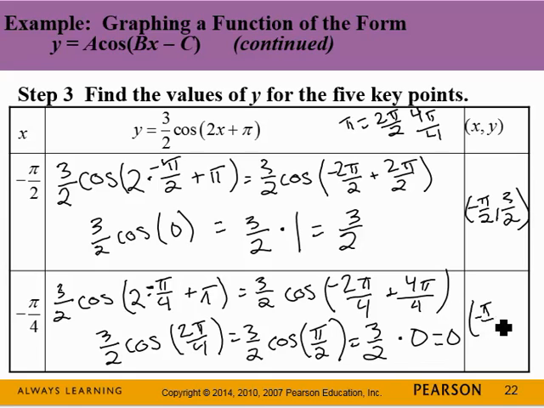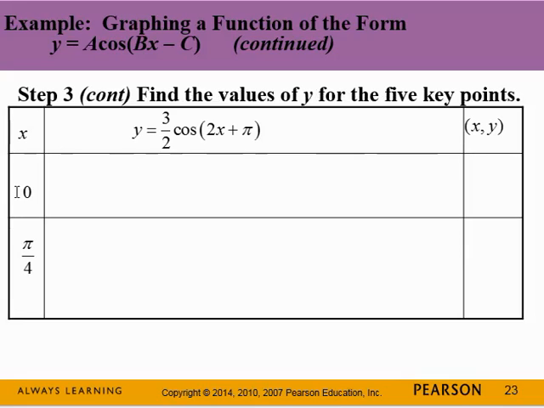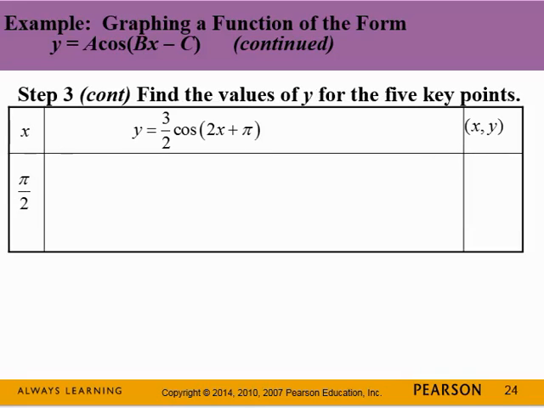So negative pi over 4, 0. So you want to go on and find 0, pi over 4, and then lastly pi over 2. So try those ones on your own, pause the video and solve it, and then check your answer.